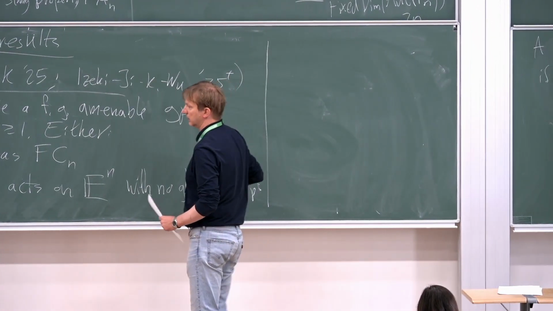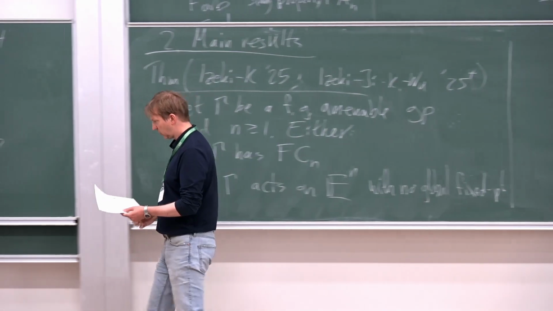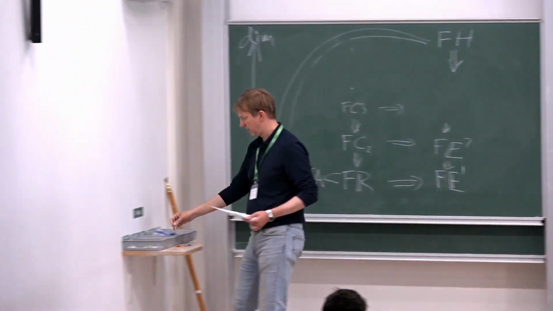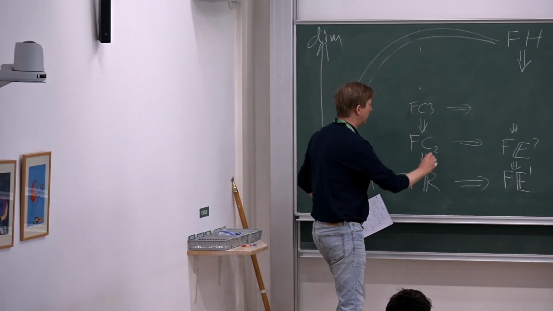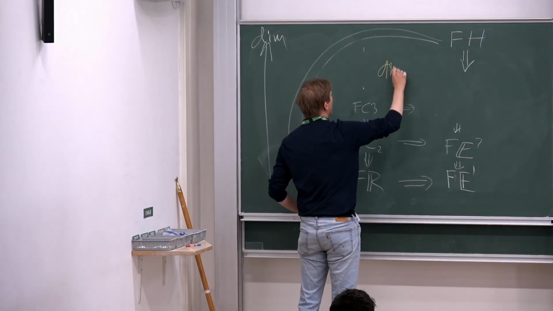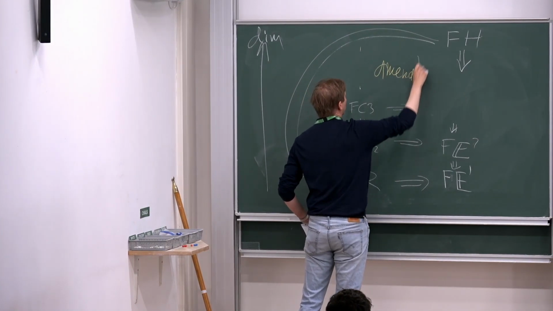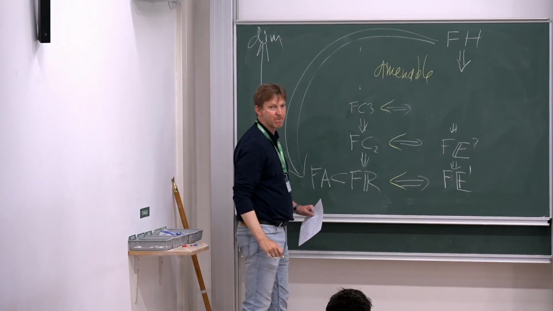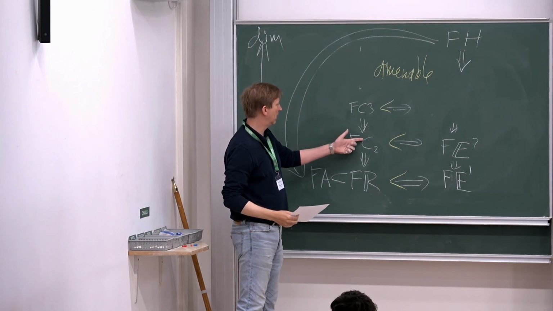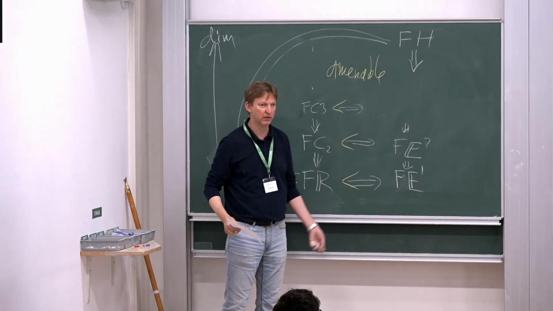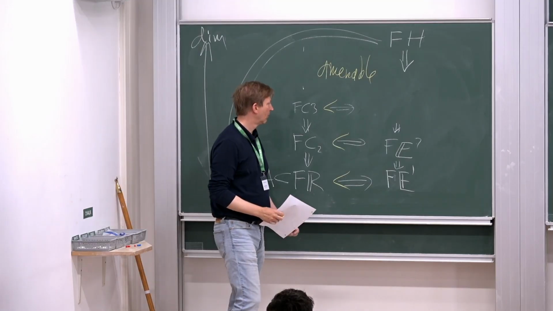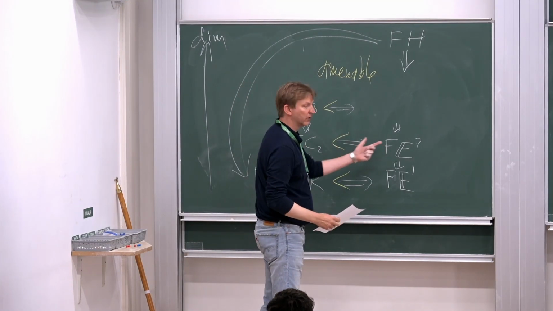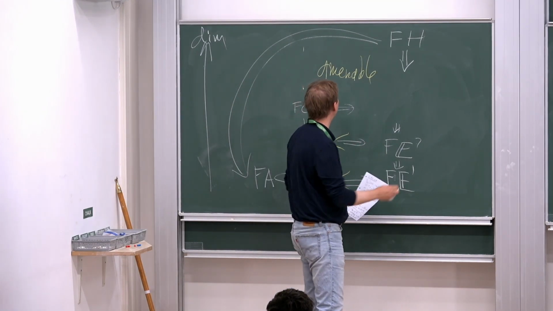Okay, that's the main thing. So in terms of this diagram, that shows that for amenable groups you have equalities. If you can act on CAT(0), then you can act on Euclidean. If you can't act on this, you can't act on Euclidean, for amenable.